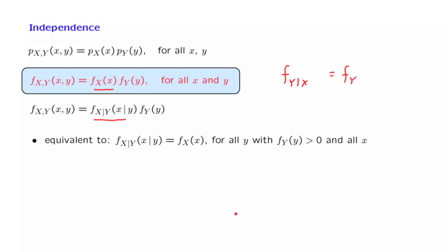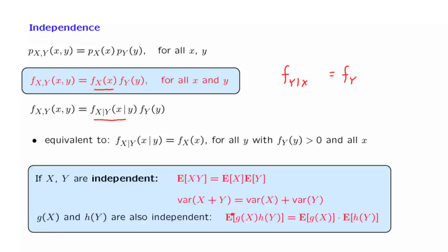Finally, let us note some consequences of independence, which are identical to the corresponding properties that we had in the discrete case, and the proofs are also exactly the same. So, the expectation of the product of independent random variables is the product of the expectations. The variance of the sum of independent random variables is the sum of the variances. And functions of independent random variables are also independent, which in particular implies, using the previous rule, that the expected value of a product of this kind is going to be the product of these expectations.